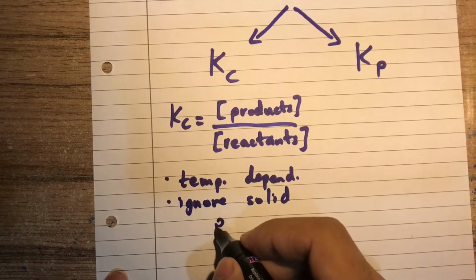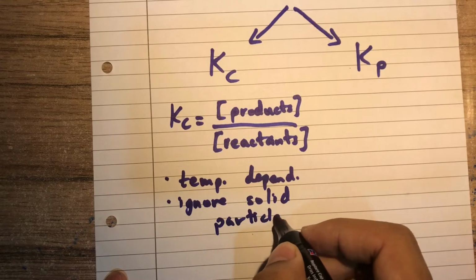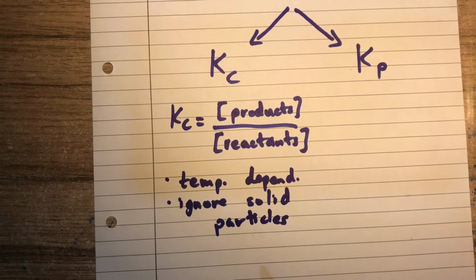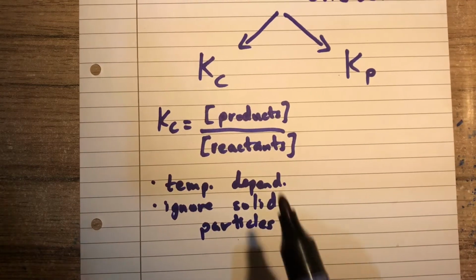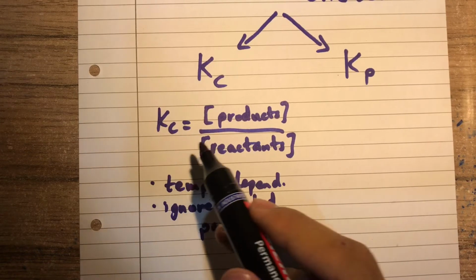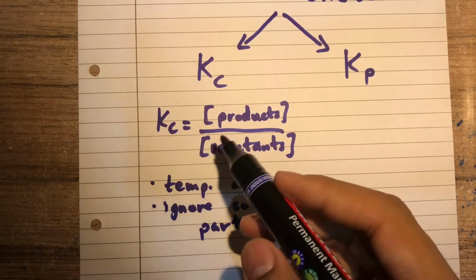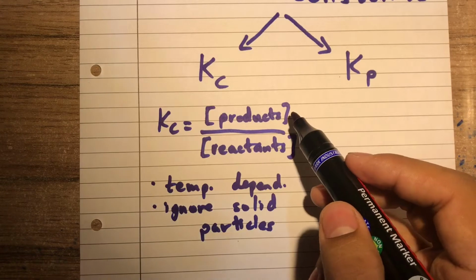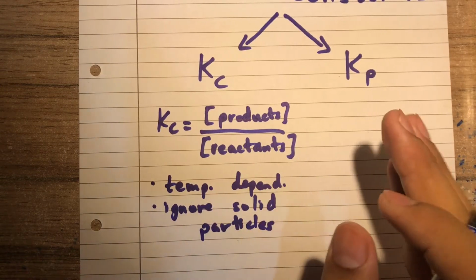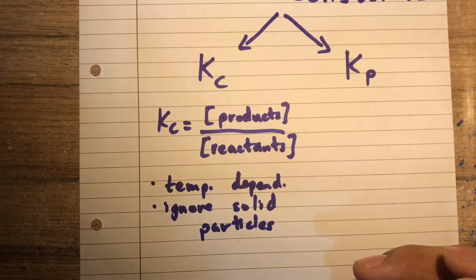Ignore solid particles or solid compounds. One more thing to take note of over here is that if the value of Kc or the ratio of Kc is greater than 1, that means that there is higher concentration of products than the reactants. Then that means that equilibrium is towards the right, that is towards the products.